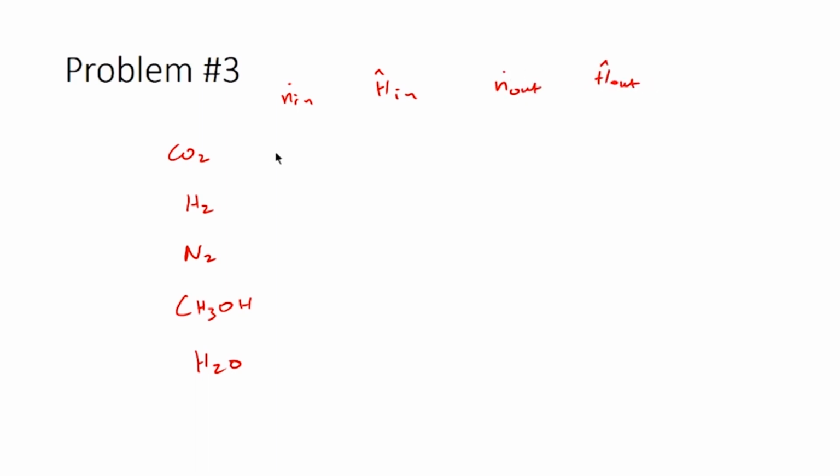So, the values for N in and N out are 0.637 kilomoles, 1.913 kilomoles and 0.0128 kilomoles. So, please note that these values are all in kilomoles and the values for H cap we calculated were all in kilojoules per mole. So, make sure you convert it appropriately while you perform the final calculations, and these are all in kilojoules per mole.